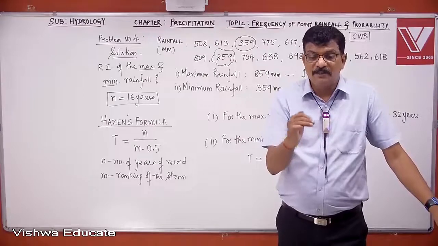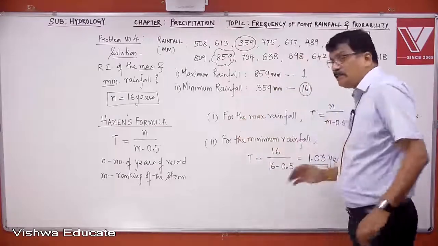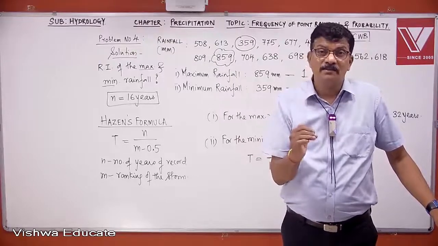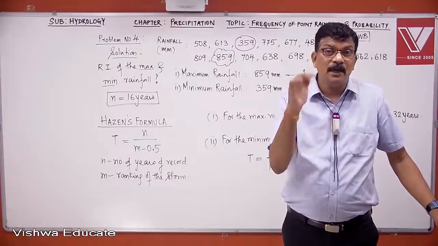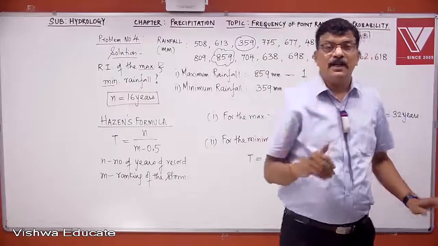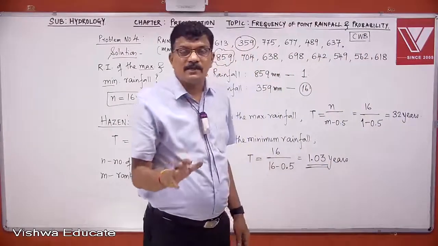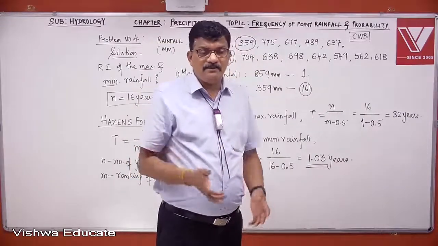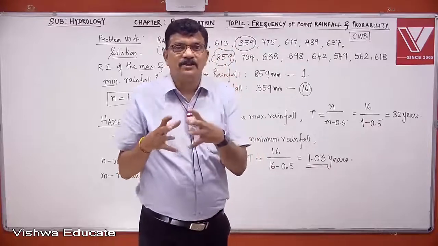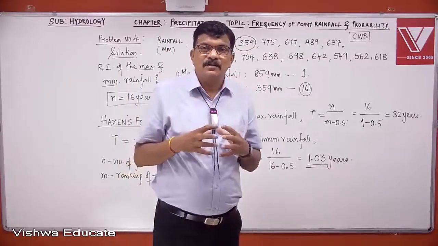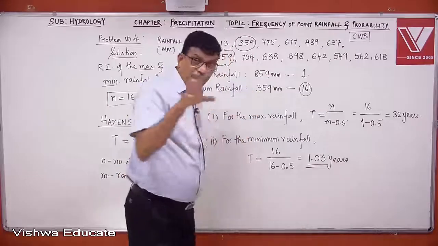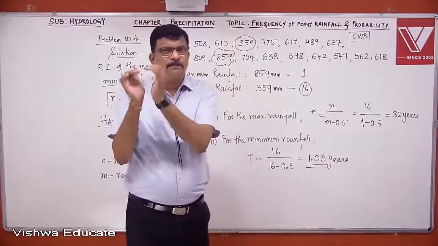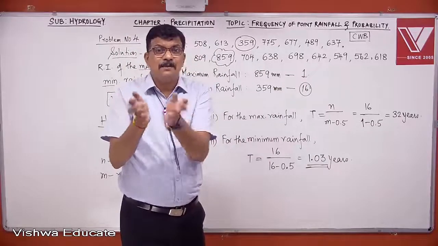That means once in 32 years, we can expect a rainfall of magnitude 859 millimeters or more, it can be any value beyond 859 also. So this is the prediction, this is the probability. Now we are not talking generally for the whole country, it is only for a particular place or region, or you can say a particular catchment.